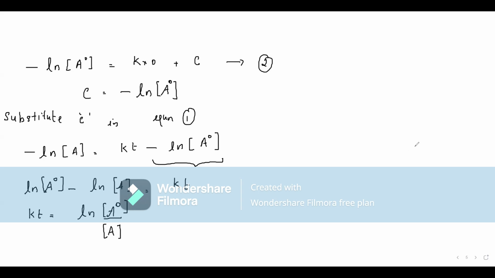This is natural log. I need it in log to the base 10. So KT is equal to 2.303.